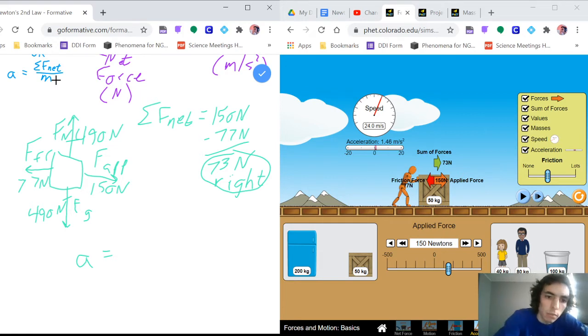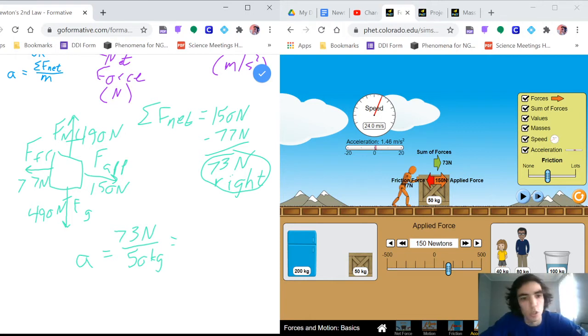Acceleration is equal to our net force, 73 newtons, divided by this mass of 50 kilograms. If you plug that into a calculator, whether that's Google's calculator, a phone calculator, anything, an abacus, we should get the same thing that they got, 1.46 meters per second squared.